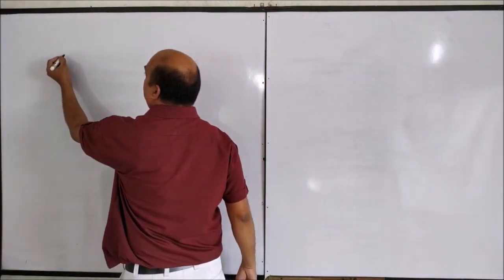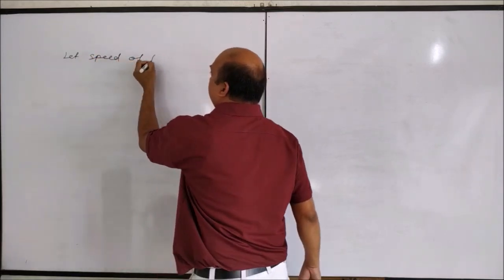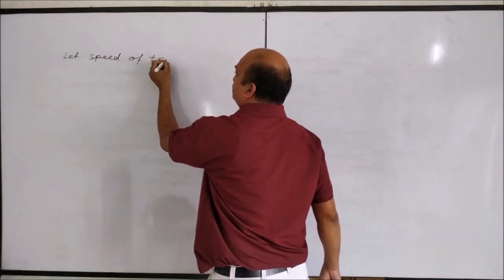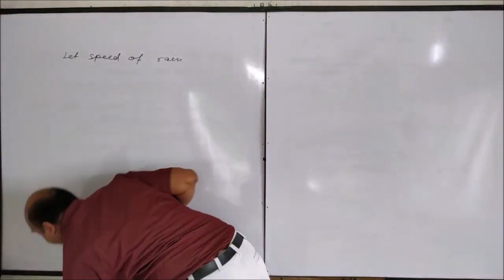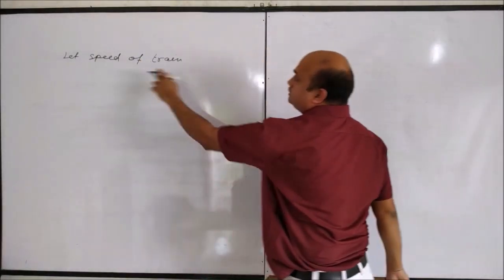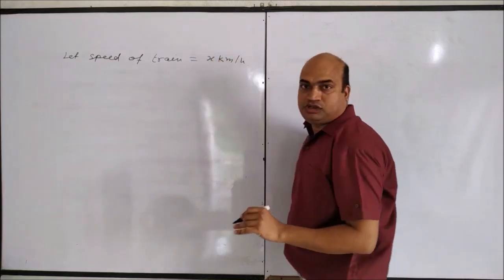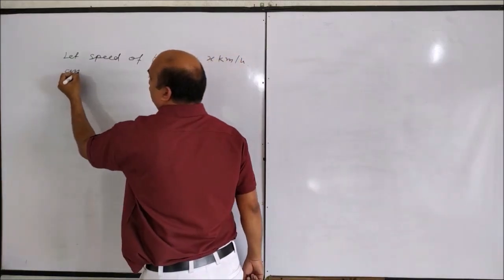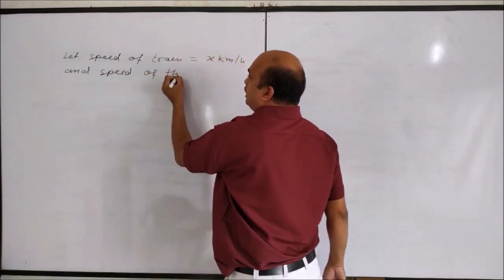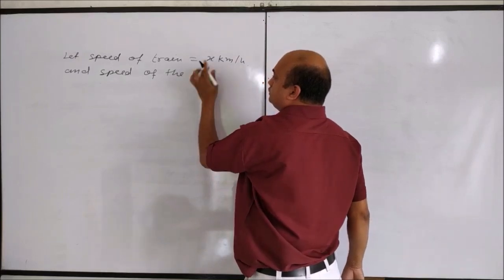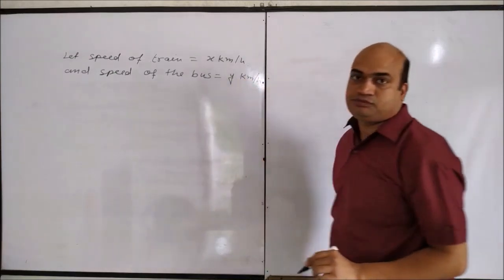We write, let speed of the train is equal to x kilometer per hour and speed of the bus is equal to y kilometer per hour.